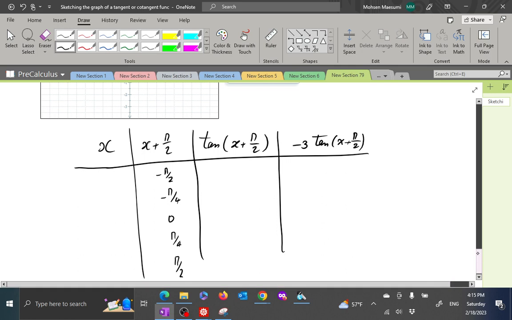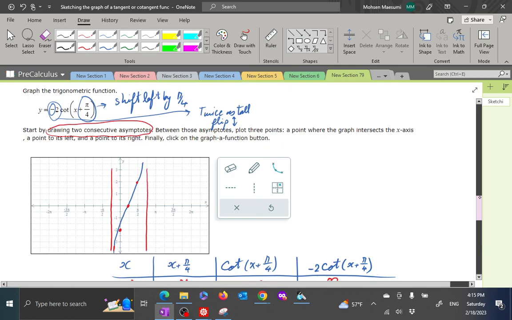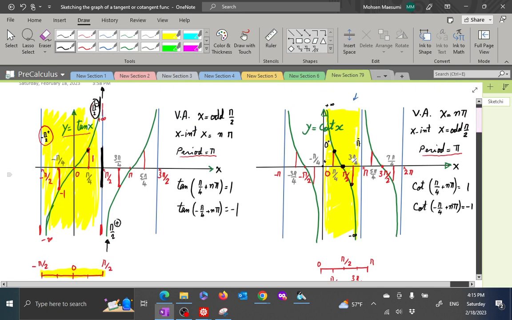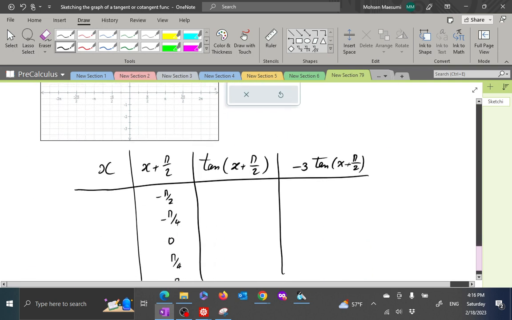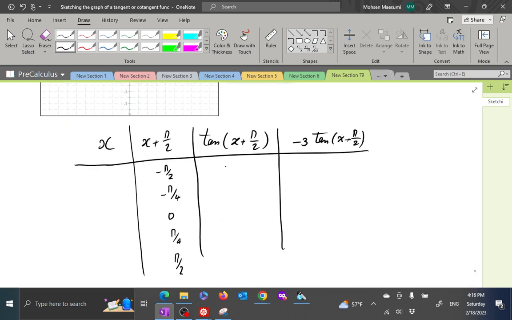These are the first fundamental block of tangent. You could have used other numbers, but they're going to be less familiar to you. Tangent goes from minus infinity to minus 1 to 0 to 1 to plus infinity. Multiplying by minus 3 makes this plus infinity, plus 3, 0, minus 3, minus infinity.